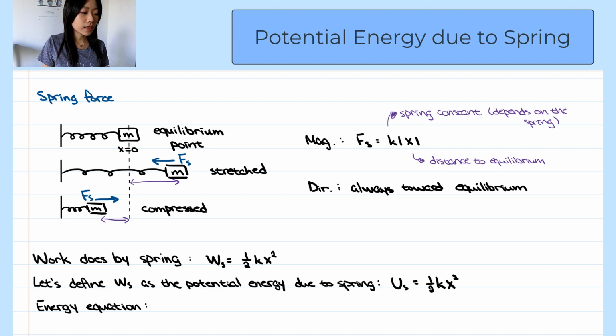So now we can revise the equation to: initial kinetic energy plus initial gravitational potential energy plus initial potential energy due to the spring, plus work done by external forces, equals final kinetic energy plus final gravitational potential energy plus final potential energy due to the spring.